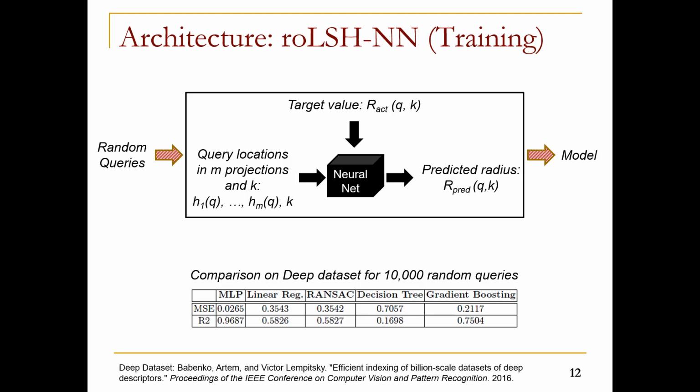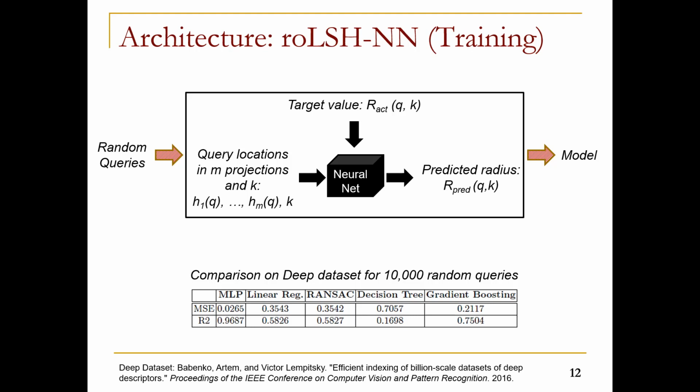To train our neural network model, we chose random queries from the dataset and used the hash values of the queries in the projections and also a k value as the input to the network. We also input the actual radius, which was found by running query processing on those random queries, as the target value to the network. After several iterations, the network learns to predict a radius very close to the actual radius.